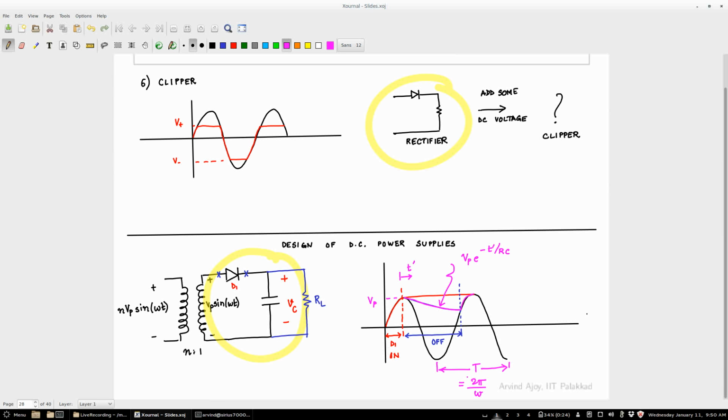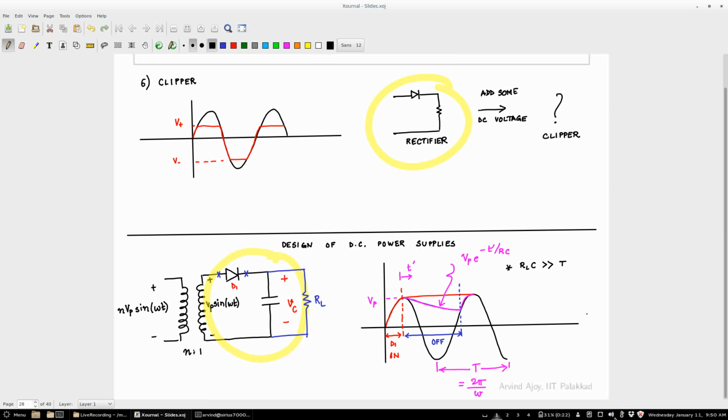What is your time scale in this problem? You have a Vp sine omega t, so you have a time period of 2 pi by omega.